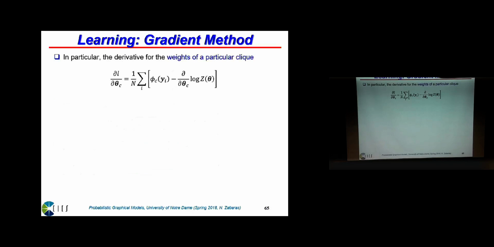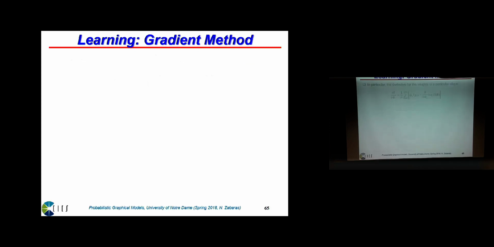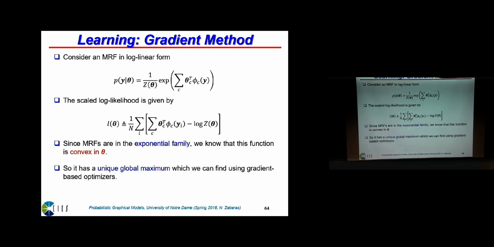All right. So we take derivatives with respect to the parameters. Now, theta_c are the parameters that define the local potential on clique C. So let's look back again. What will you get from this term when you take derivatives with respect to theta_c?